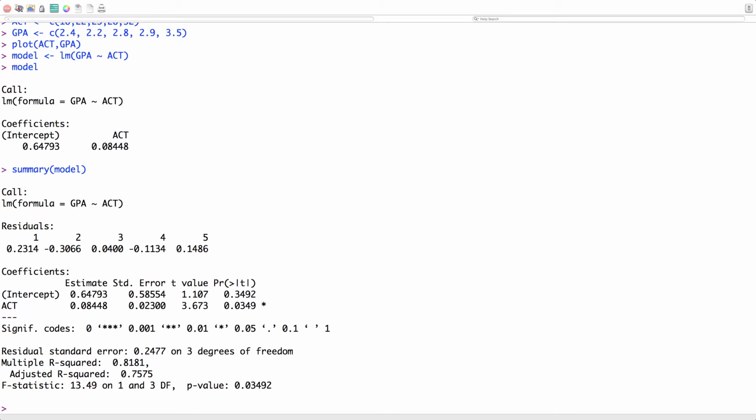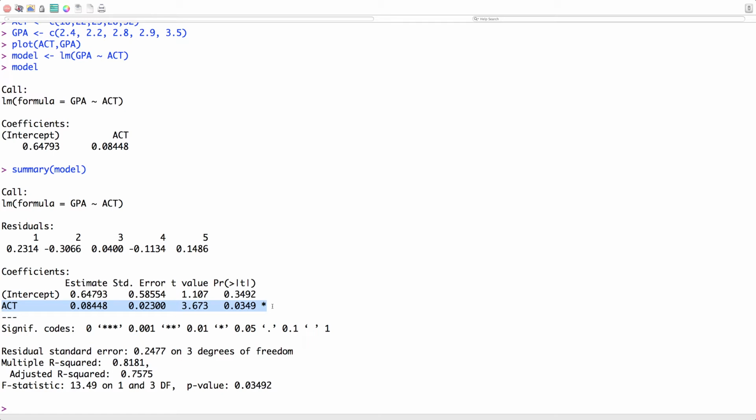So guys, our B1 again is 0.08448. And what we're going to examine today is this line right here, the one I've highlighted. And you can see we have a standard error for our B1 equal to 0.023.